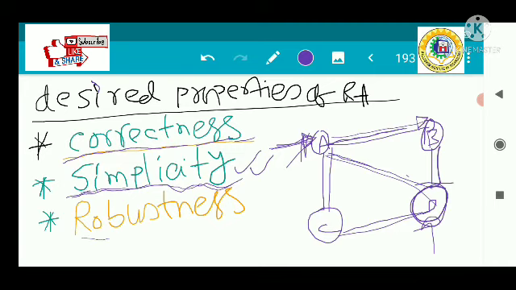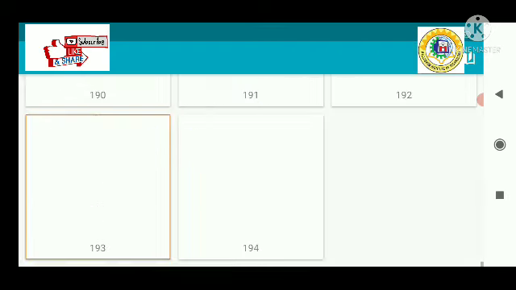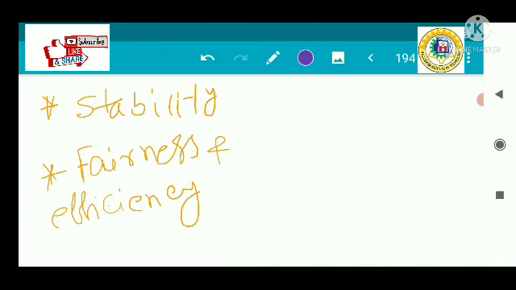Next is robustness. Robustness means the circuit that you are connecting virtually, through which you are sending the data, must be robust. Once it is set up, it must keep working regularly so that it can send the data. That is also associated with stability.